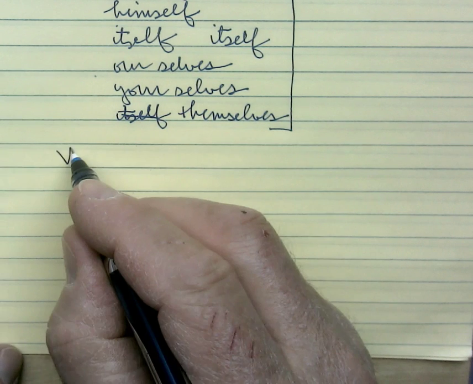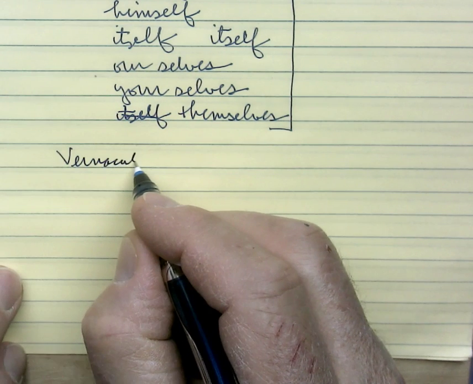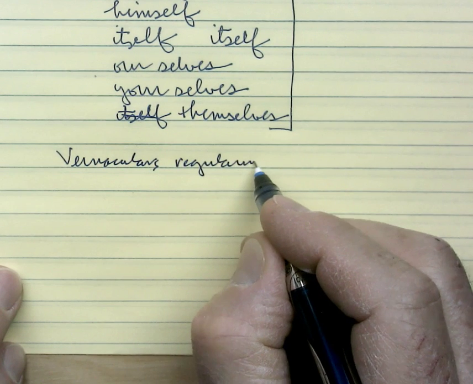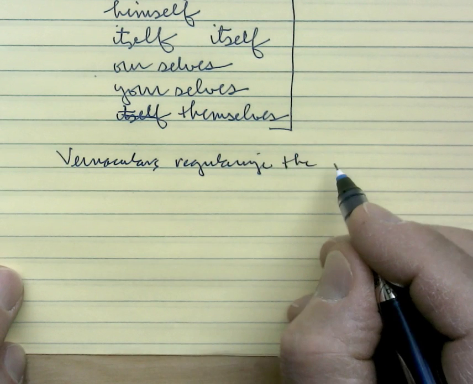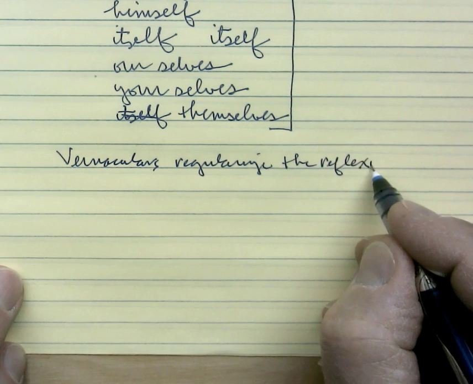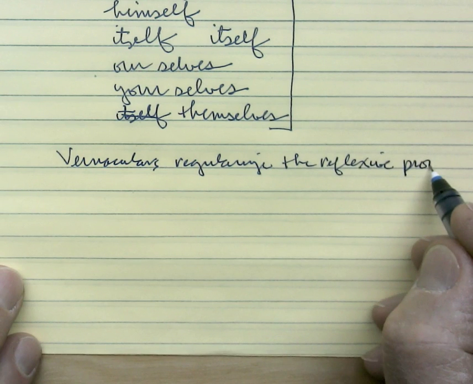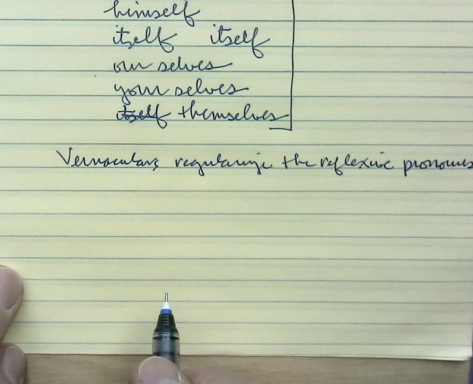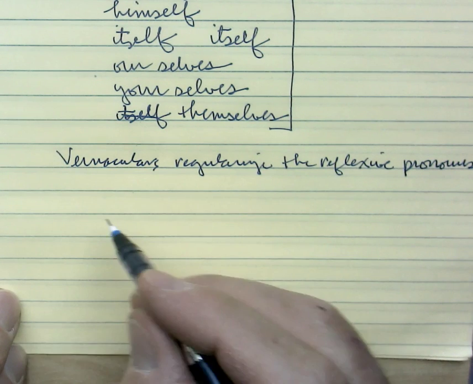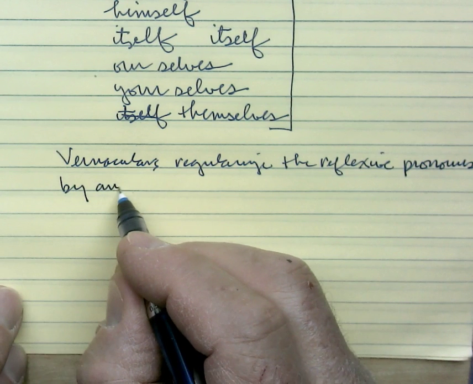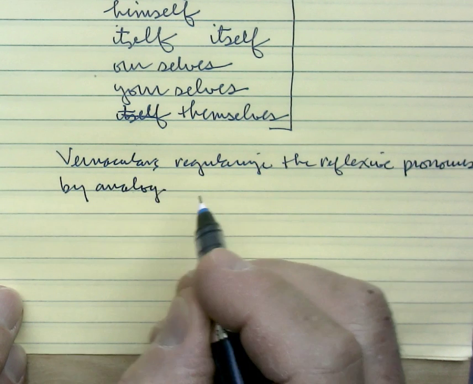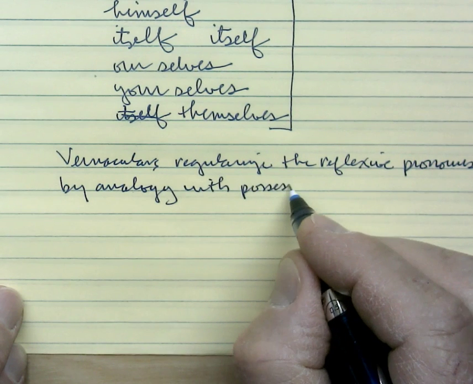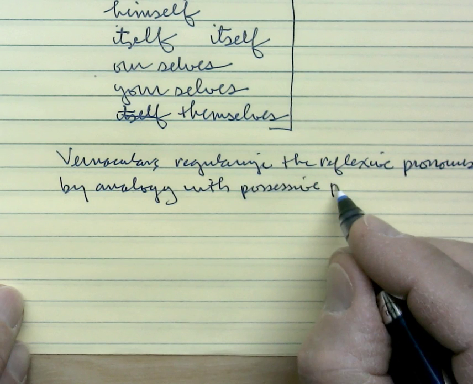So vernaculars regularize the reflexive pronouns, okay, by analogy with possessive pronouns.